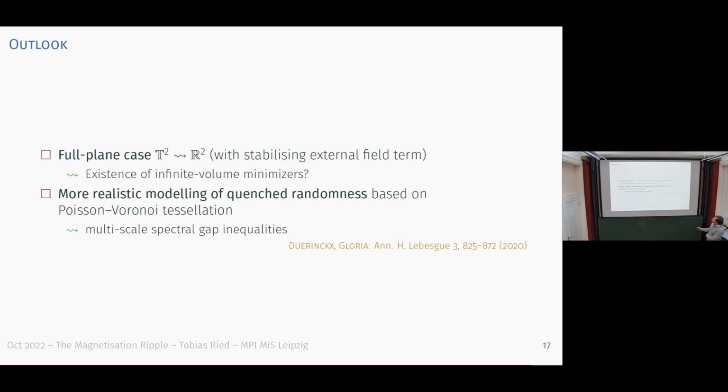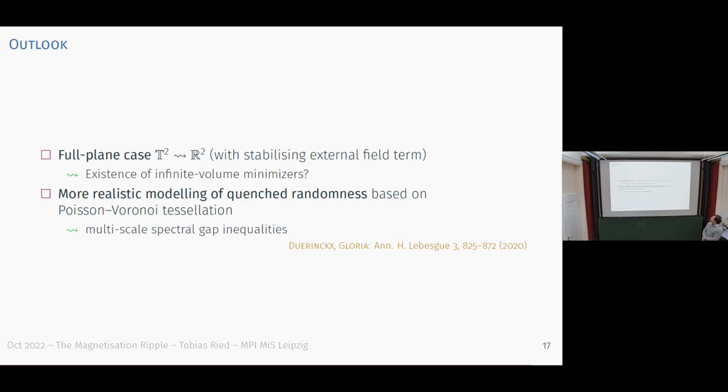These are inequalities that recently have been studied by Michael Duerinckx and Antoine Gloria, and we started working out the details that multiscale spectral gap is a good class of probabilities that can be used in the background of approximating white noise.